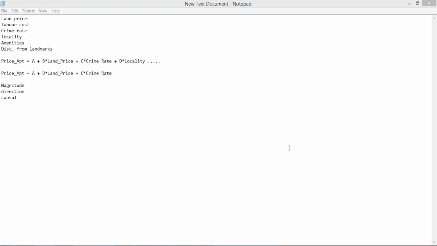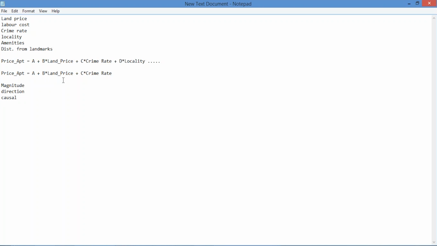So coming to the coefficient again, back to our context. The magnitude we are talking about is the amount by which the coefficient impacts the dependent variable, right? If I say 1.2 here, it will be 1.2 into land price. That is what we mean by the magnitude, correct?